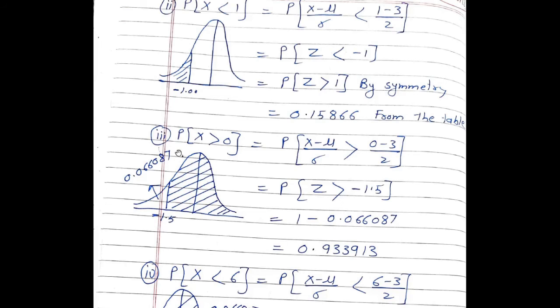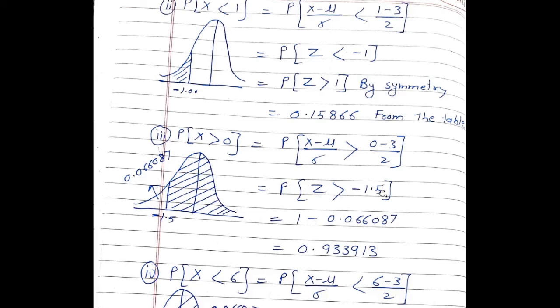Third part of the problem, probability x greater than 0 is equal to probability x minus mu upon sigma greater than 0 minus 3 upon 2. So probability z greater than minus 1.5. So minus 1.5 will come on the left hand side and we want the greater part, so we'll mark the right hand side portion. We know that if I see 1.5 in the 0 column, I am going to get the tail part of the curve.